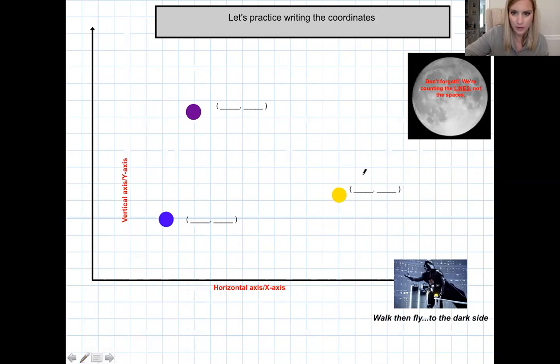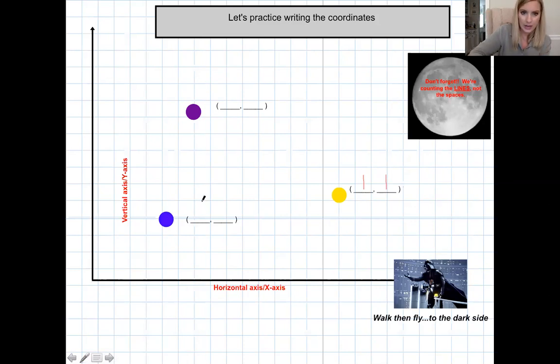Let's use red. Simple. Okay, now we start back at our origin where those perpendicular lines intersect, and we're going to find the blue dot now. So we're going to go left. 1, 2, 3, 4, 5, 6, 7, 8, 9.